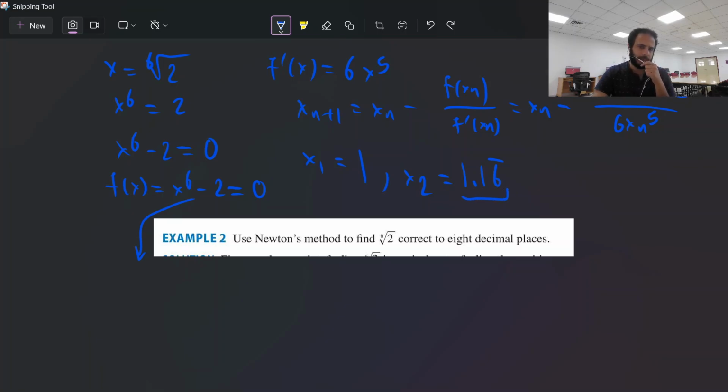Now you apply it again. Let me write them again, but remember this is minus 2. So x2 equals 1.16 repeating. Now let's find x3. x3 equals x2 minus x2 power 6 minus 2 over 6 x2 power 5.